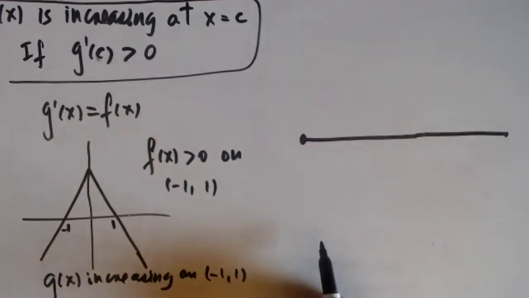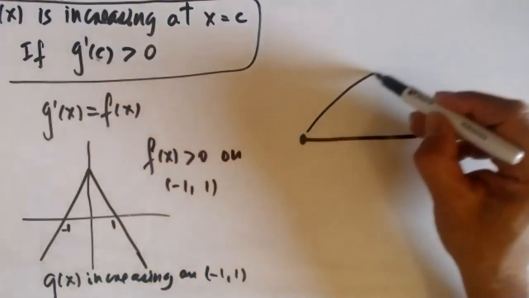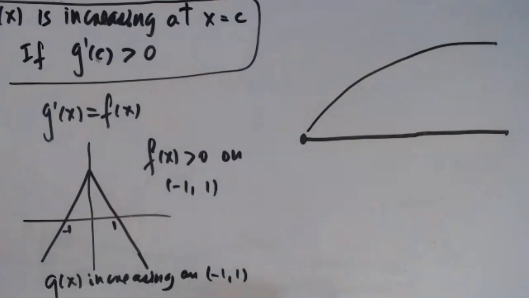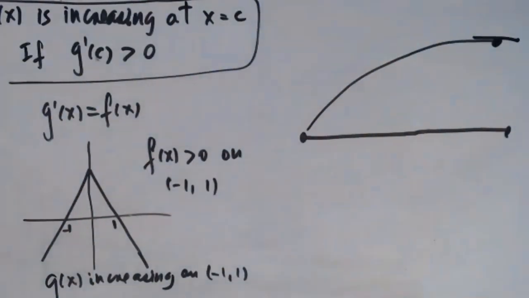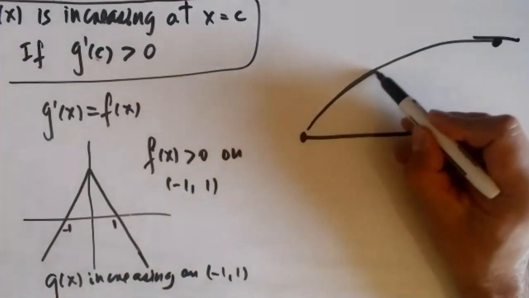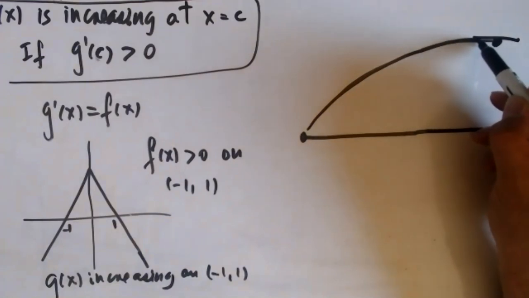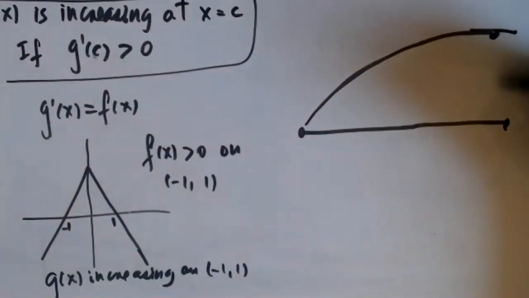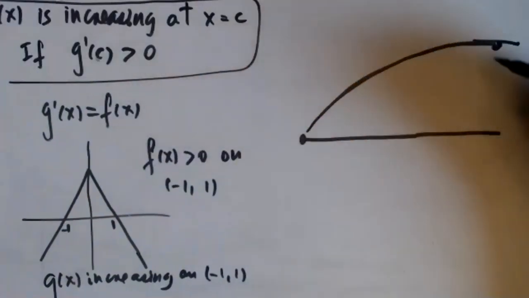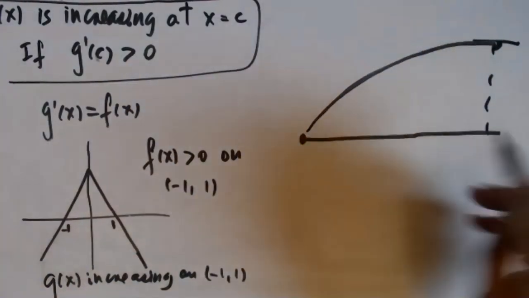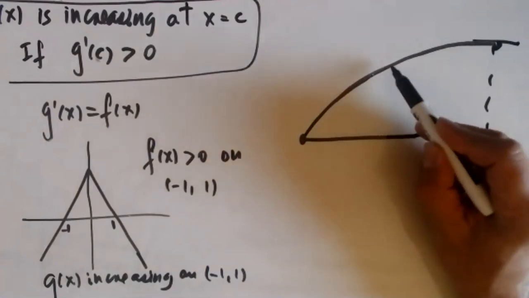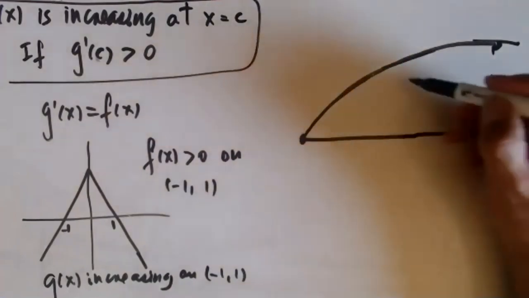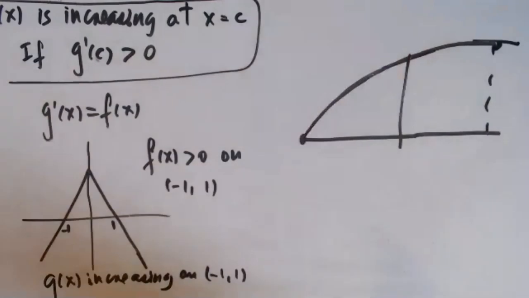Then you stop. How's the graph? Like that, correct? When you stop, you reach the max. So the distance increases until you reach the max, which is when you stop. Here you accelerate, the acceleration is positive, and the other one is negative, correct?